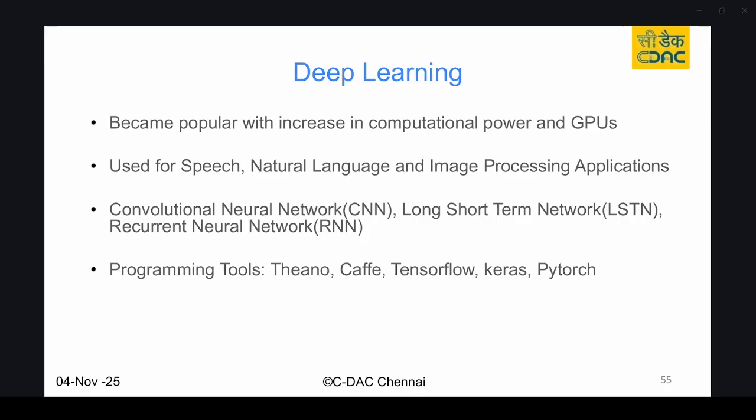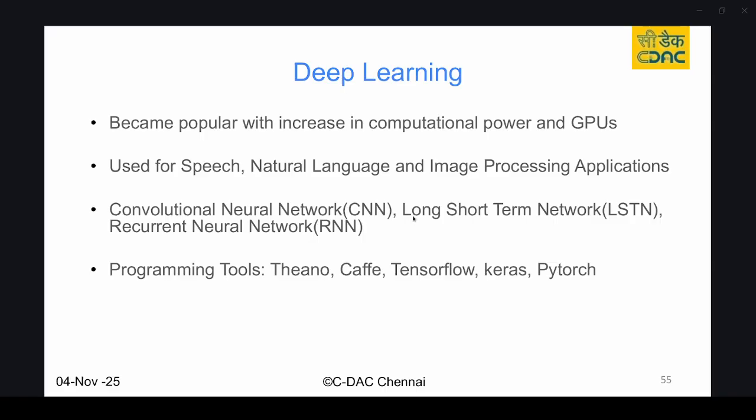Generally, deep learning was successful for speech recognition problems, natural language processing problems, and image processing problems. I will be focusing more on image processing as this is an X-ray class. For image processing problems, we use convolutional neural networks.